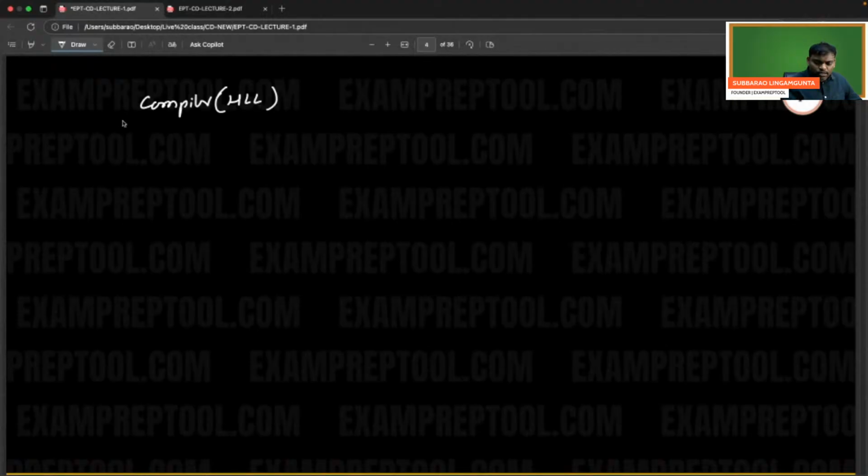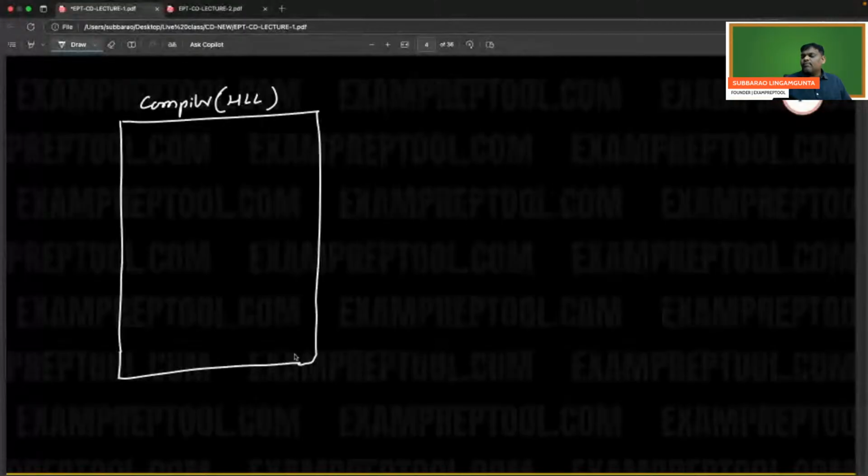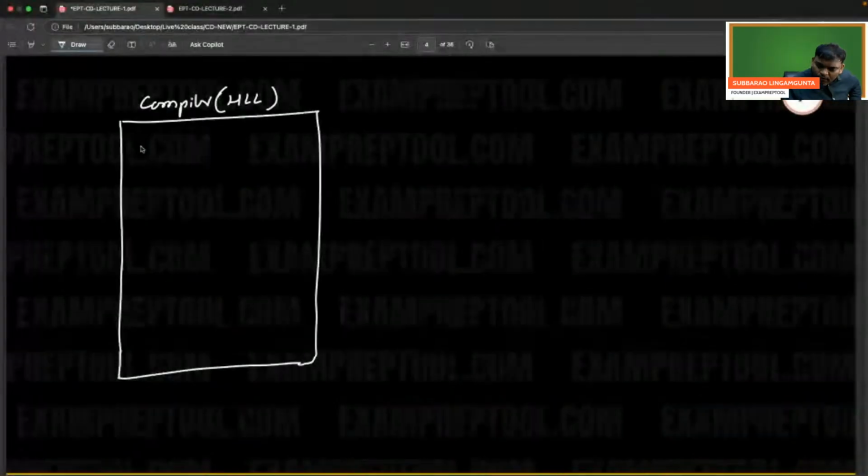If you see inside the compiler code, let us assume that the main program name is compiler. Inside compiler there are some functions. The main program will call some functions.